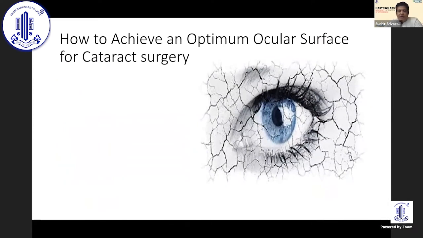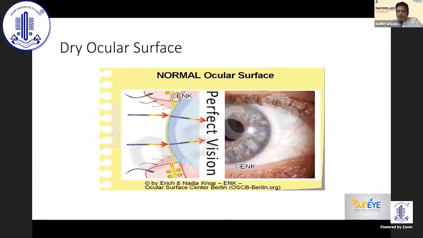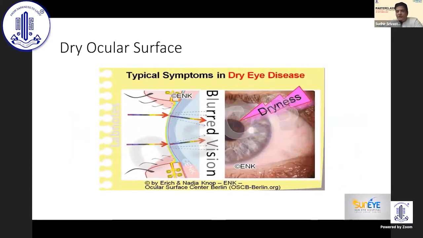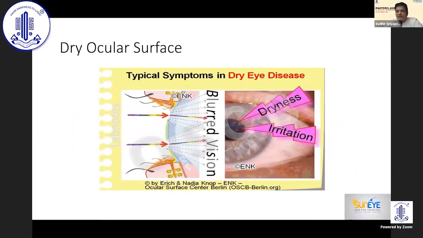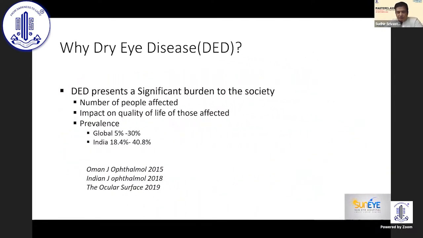The main enemy of the cornea is dry eye and a bad ocular surface. It gives a lot of irritation, discomfort, and stinging sensations. Patients come quite often in the post-op period because of these problems, so understanding dry eye is very important.